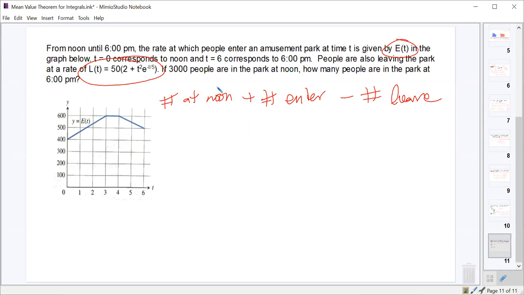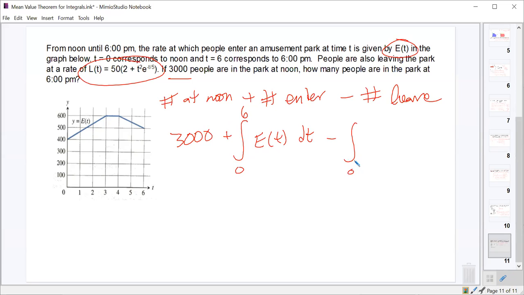So how many people are there at noon? 3,000. That's an easy one. Then the number that enter ought to be an integral of the rate at which they enter, so that's the integral of E of t dt from 0 to 6. We'll worry about that in a second.